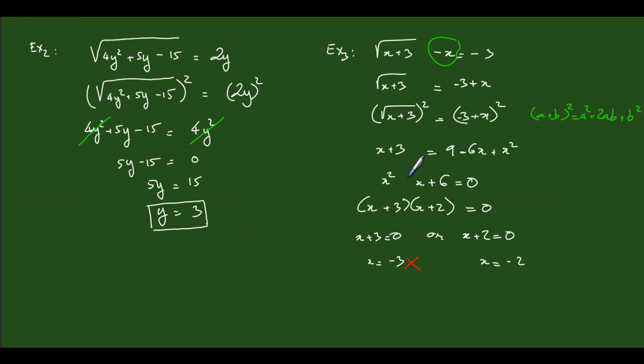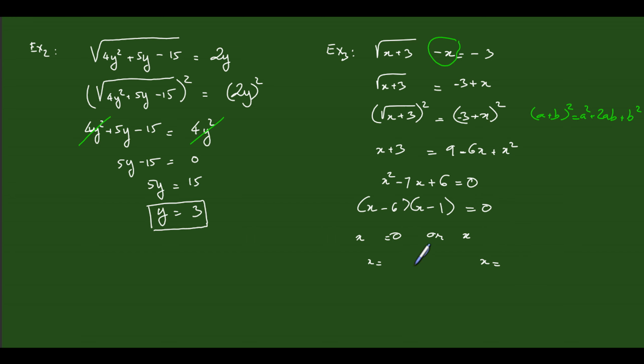So it's negative 7. Then over here will be negative 6, and negative 1. That's why it doesn't work.